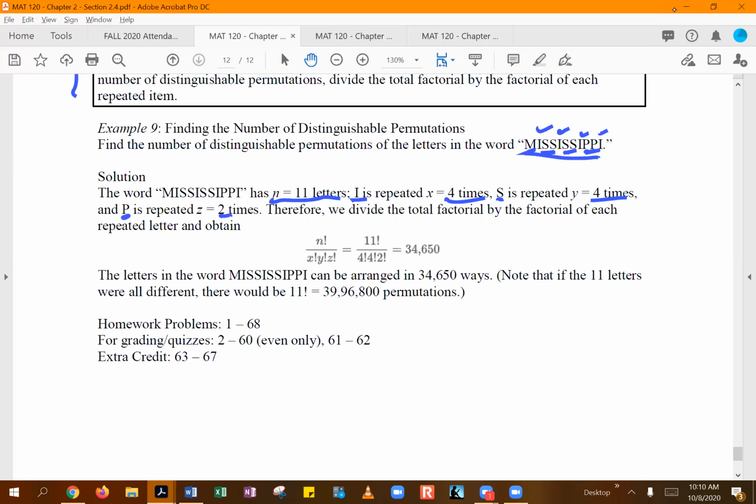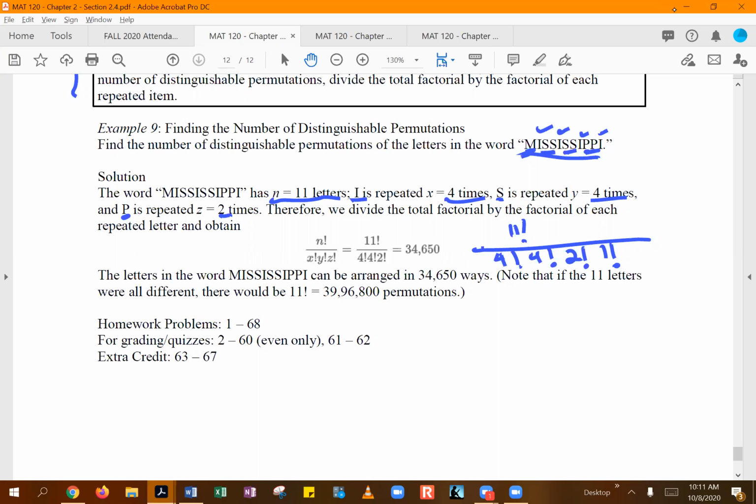So technically you can write this down as 11 factorial for all the 11 letters, then 4 factorial for I being repeated 4 times, 4 factorial for S being repeated 4 times, and then 2 factorial for P being repeated 2 times. And then technically you can also add 1 factorial for the M, but we know 1 factorial is just going to be 1.